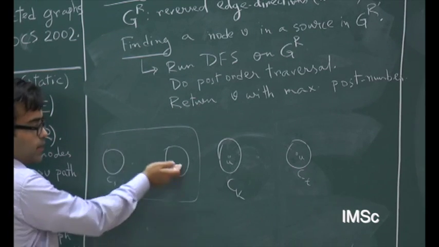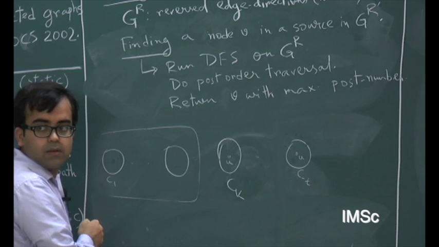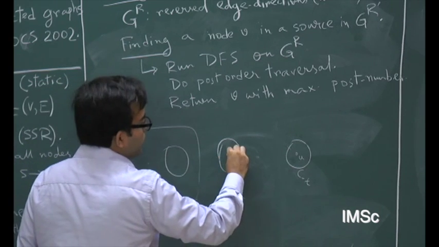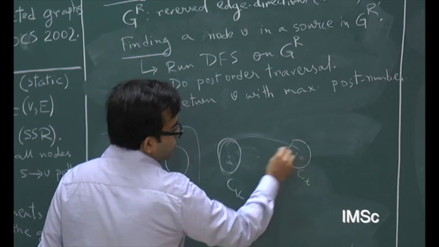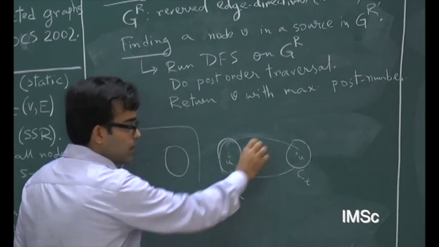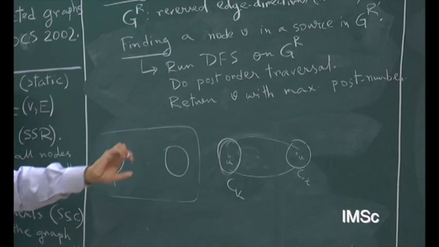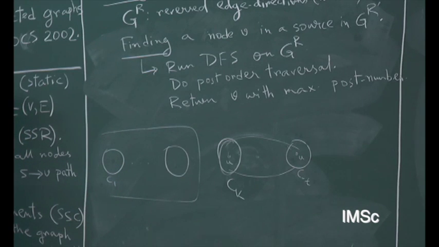Because you cannot get back here, right? So you will recover all these nodes, then probably some nodes in some other components there, and then it will stop because you cannot find any more nodes that are reachable from you.